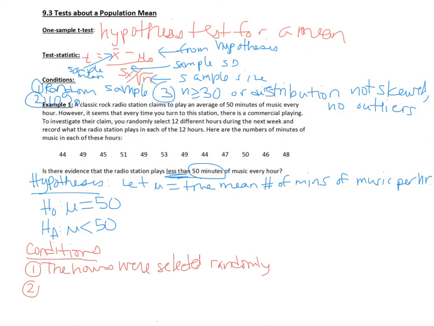So that one's done. And we're going to say that 12 is less than 10% of, you could say either of all hours in the week, or you can say of all possible hours that music can be played. Either of those is sufficient.